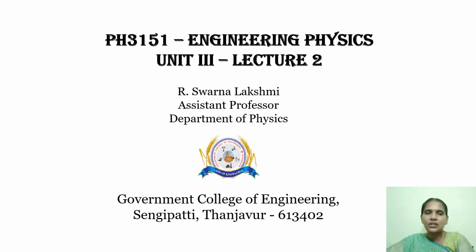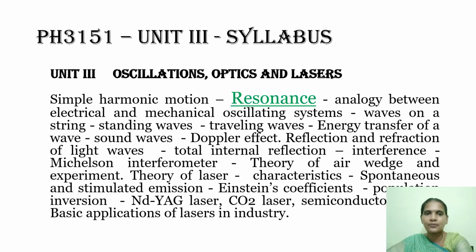In today's lecture, we will be covering few topics in Unit 3 of the course PH3151 Engineering Physics. Unit 3 comprises of oscillations, optics and lasers. In today's lecture, I will be covering the concept of resonance.